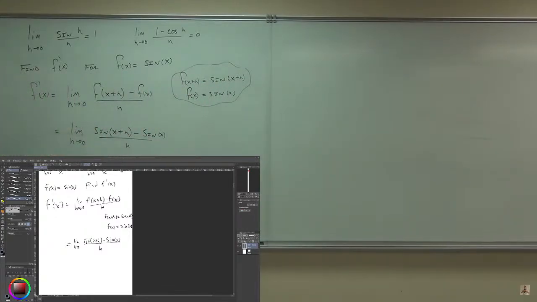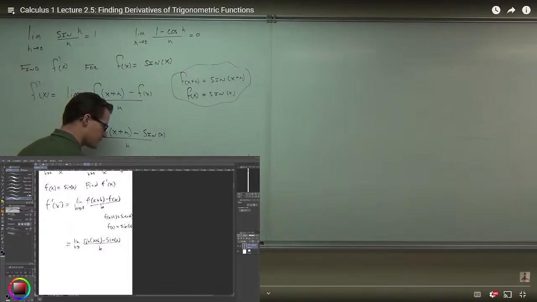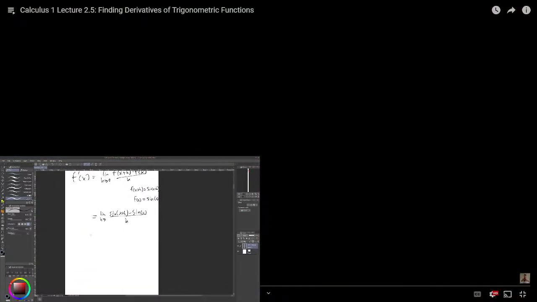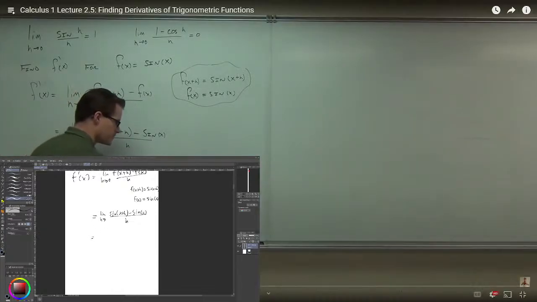You can look up that identity on your own if you'd like. Sine of x plus h, in those parentheses, is the same thing as sine x cosine h plus cosine x sine h.